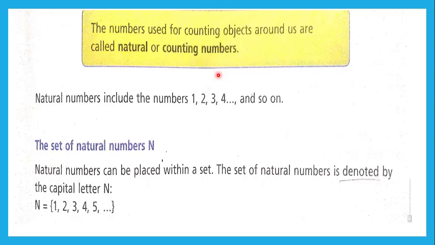Whenever we start counting something, we start from 1. So we say 1 and then 2, 3, 4, 5, 6 and so on. So in natural numbers, we have numbers 1, 2, 3, 4, 5 and so on. There are infinite numbers in natural numbers.